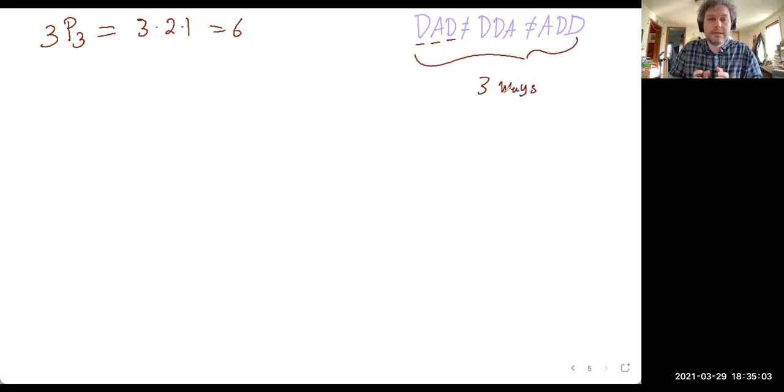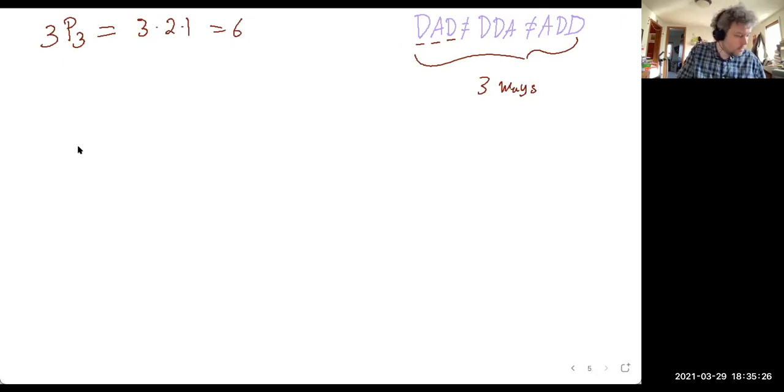So I need to show you a systematic way of how to account for these repeats, all right? So how do we account for these repeats? Well, our divisor, the thing that we are dividing by, is too small. So we need to take that into account.